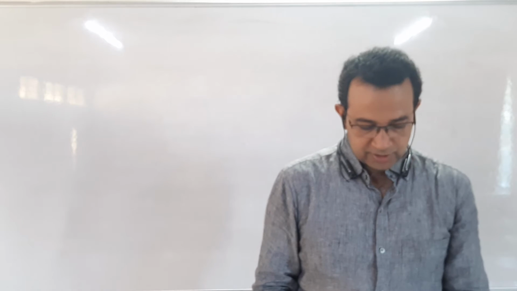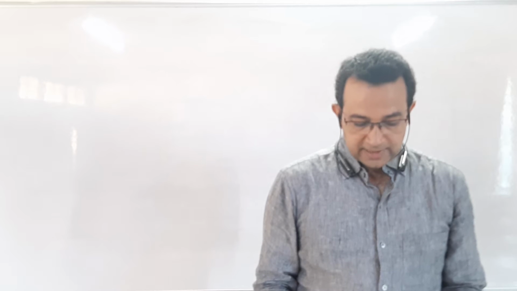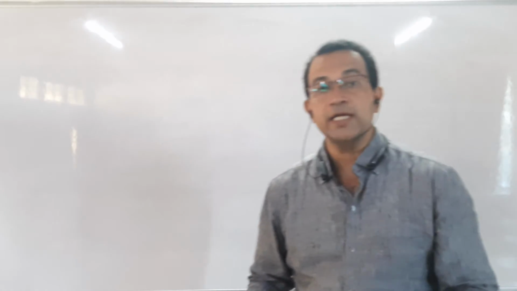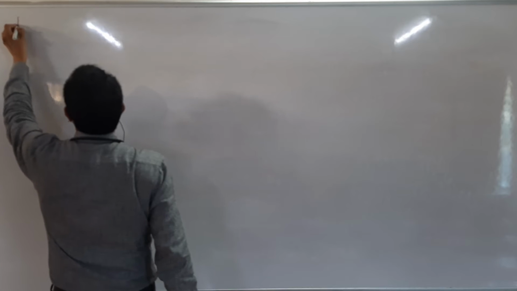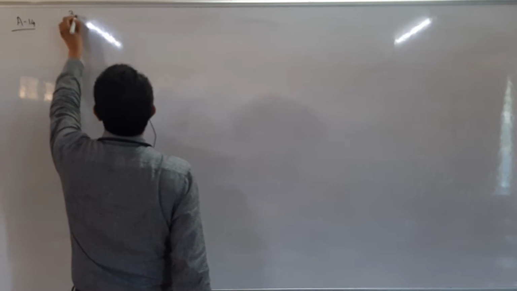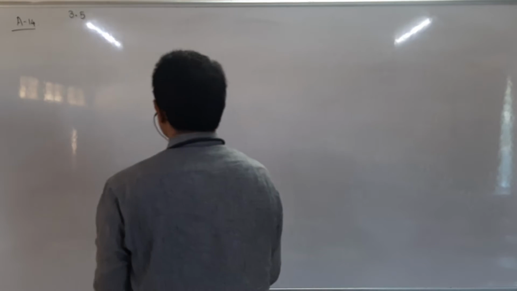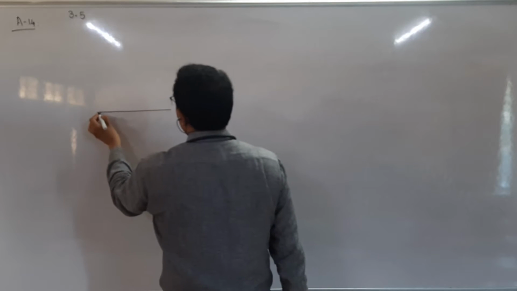I am reading the question. A tree stands vertically on a hillside which makes an angle of 15 degrees with the horizontal. Tree is standing on a hill. Word problem, answer 14, exercise 3.5. Say, students, this is the hill.